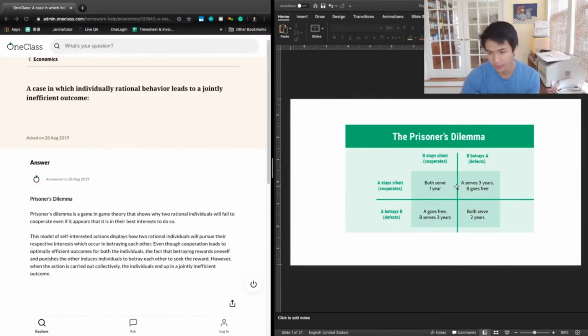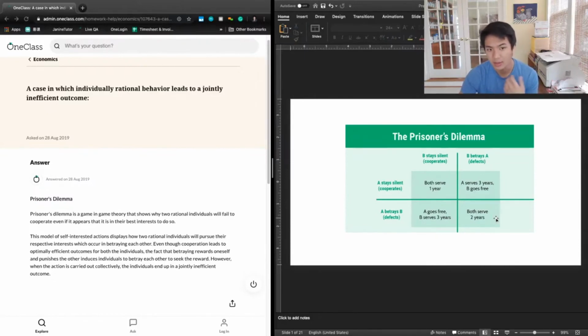If A is going to cooperate, then B's incentive is to defect because he would rather go free than serve 1 year. And if A defects, B's incentive is still to defect because he would rather serve 2 years than 3 years. So both people end up in this last quadrant where they both serve 2 years.